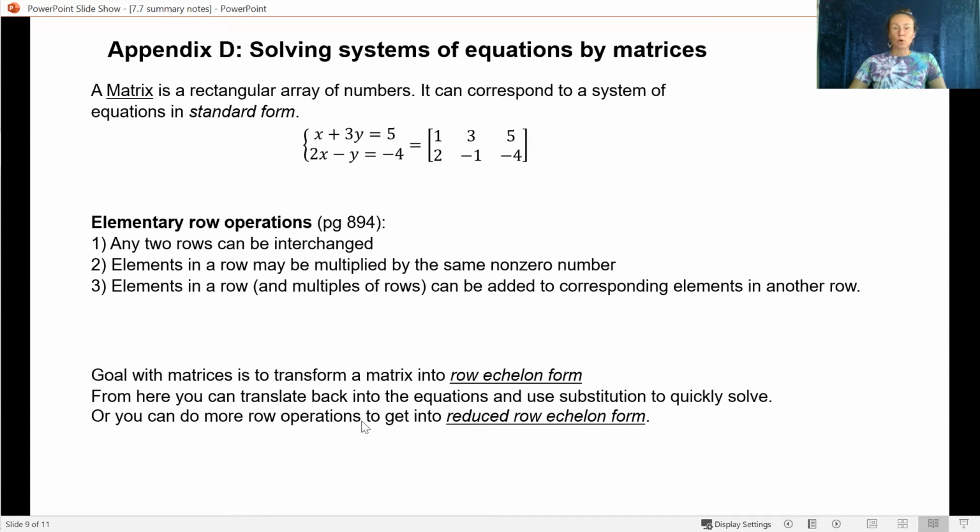Or we can do more row operations that get us into what's called reduced row echelon form. And that's where you just have 1s along the entire diagonal, 0s above and below the 1s. And since we have that extra column on the end, those will all be the solution values for your variables, okay? And I'll show you what row echelon and reduced row echelon form look like.